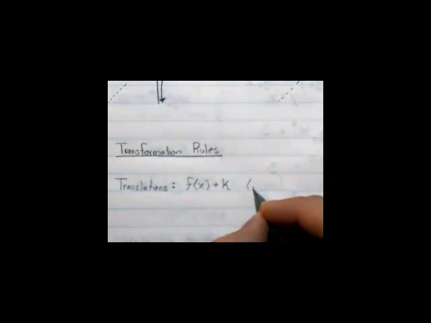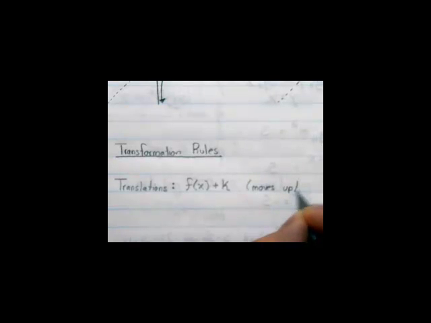Okay? So this moves the graph up or down k units. And so the up and down movement, that's the easy one. It's the other one that tends to get people. It's the doing it left and right.